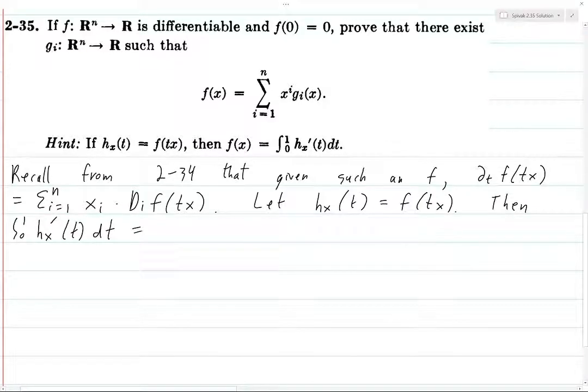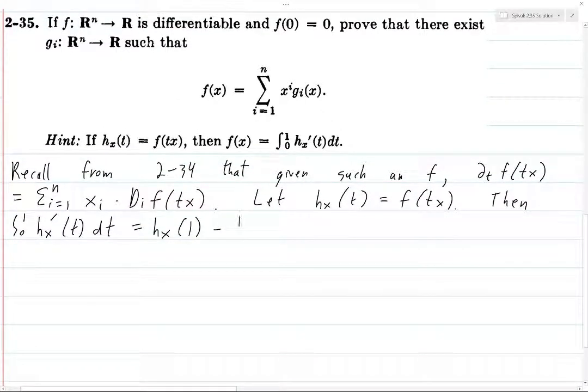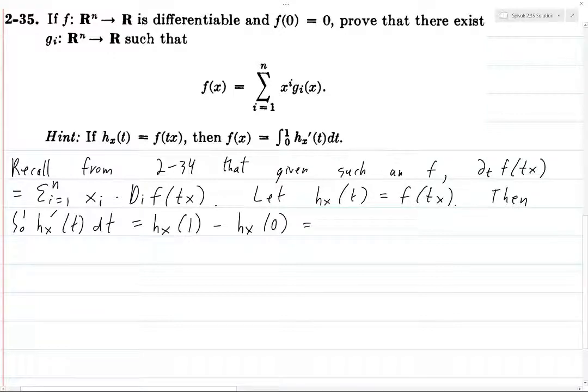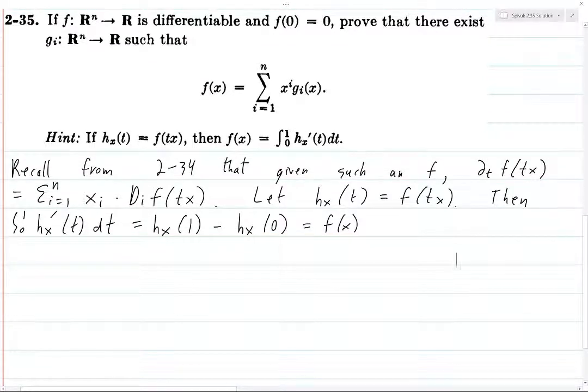We use the fundamental theorem of calculus, which we haven't learned yet, but are going to use anyways, because that's what we do in this textbook. We know that hx of 1 is f of 1 times x, which is just f of x. Then hx of 0 is f of 0. So we subtract f of 0, but we're told that f of 0 is 0, so this is precisely f of x.